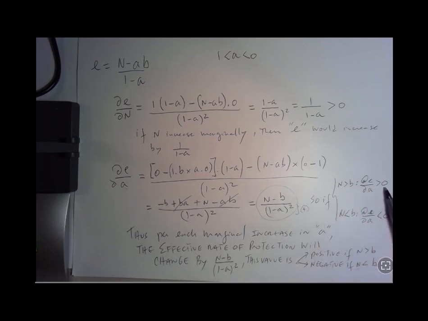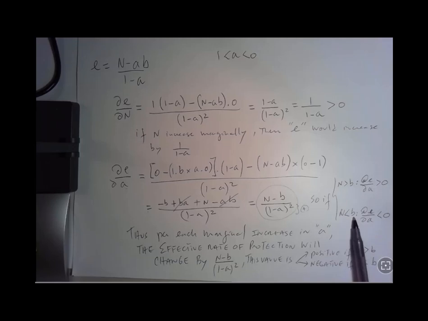The rate of protection increases if the tariff on the final product is greater than the tariff on the imported product, and conversely, the effective rate of protection can decrease if we have a tariff on the final product that is lower than the tariff on the intermediate input. So these conclusions allow you to solve some theoretical questions as well.